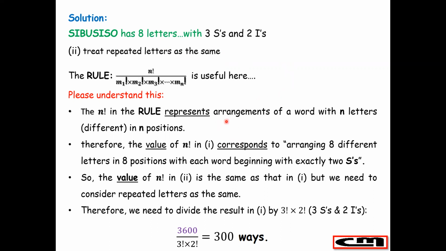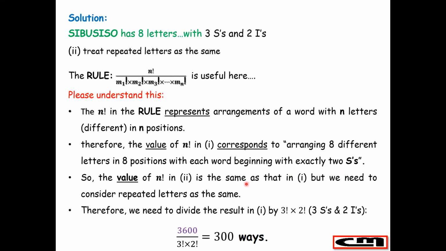So this is why I'm saying, by trying to bring in this formula, I'm trying to get you to realize how we are going to approach it if we treat the letters as different. We need to find the corresponding value of the numerator given the condition that the word starts with exactly 2 S's, right?